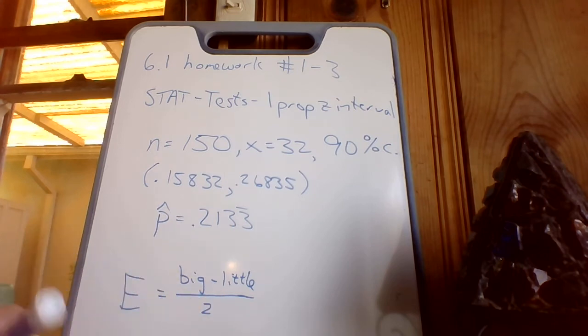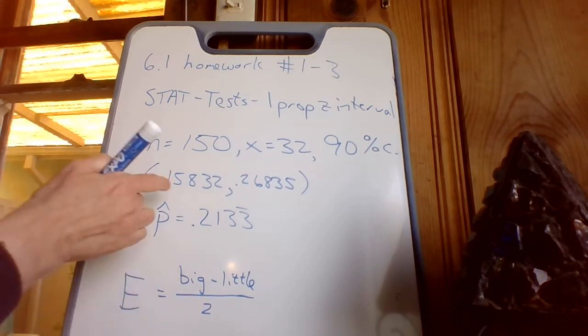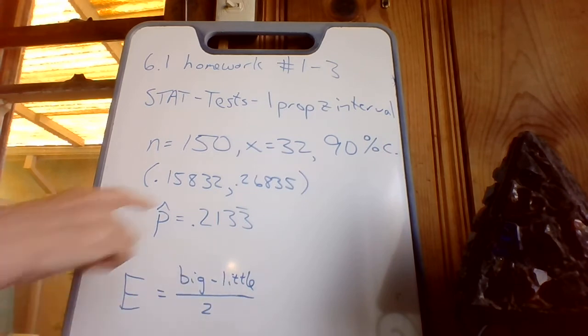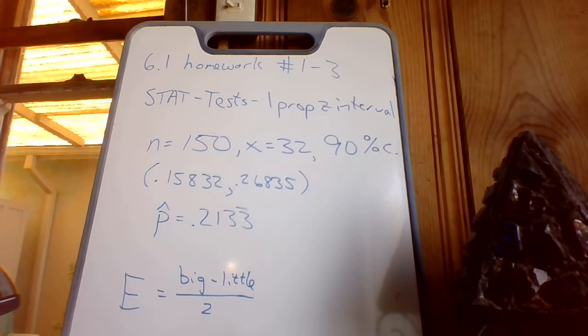But if you were doing a popular magazine type thing, what you would do is go with the error is big minus little, divided by 2. So I take my big number, 0.26835, minus my little number, 0.15832, figure out what that is, and after that, divide by 2.